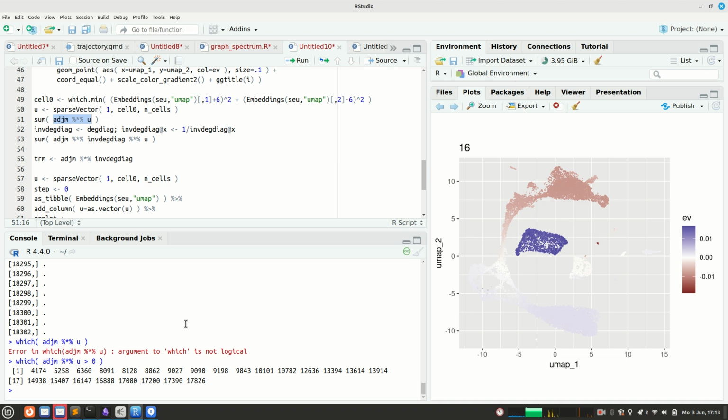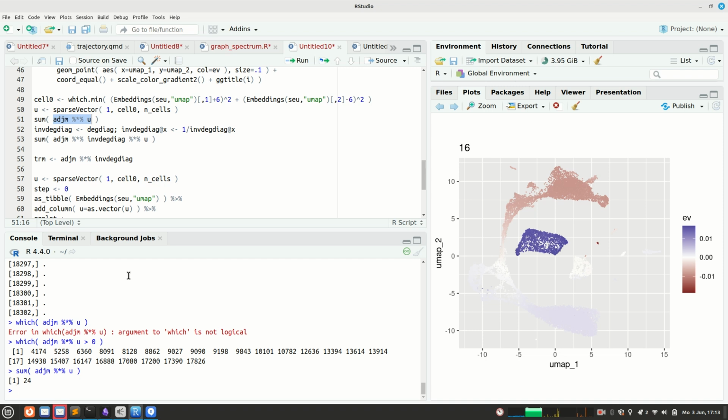But I want it to be not 1, but I want these ones to add up. So if I calculate the sum now of this here, the thing happens that I've just mentioned. Our 1 walker has spread into 24 walkers, but I want the probability, so I should divide this by 24, and I should do this beforehand.